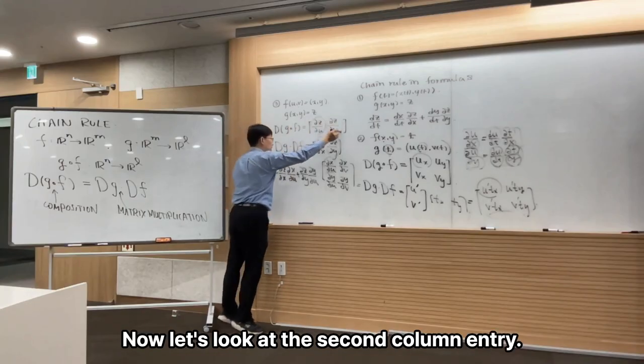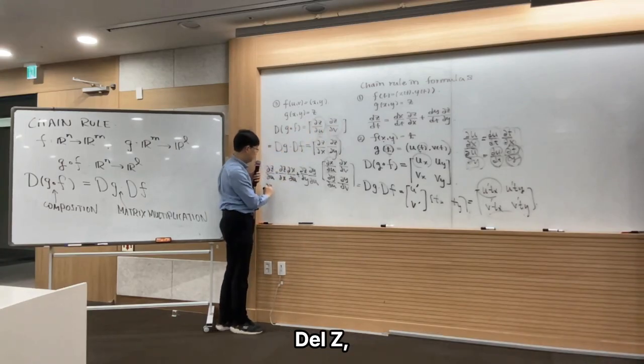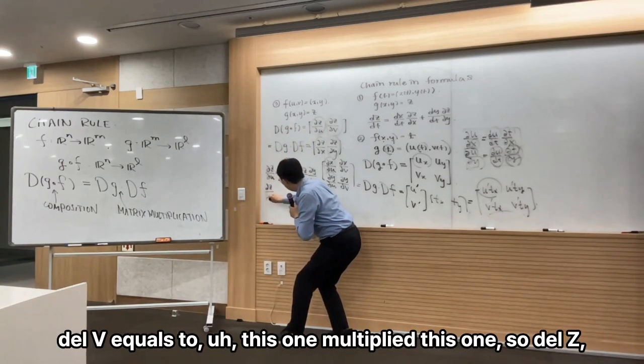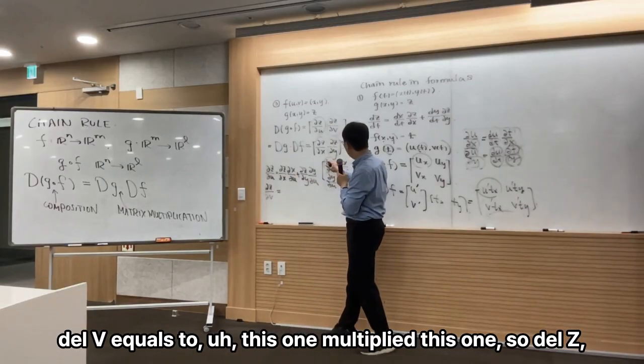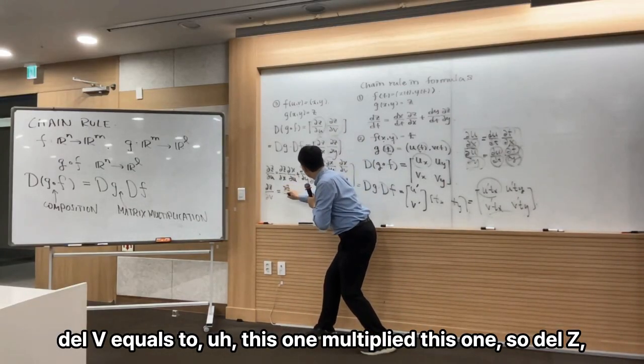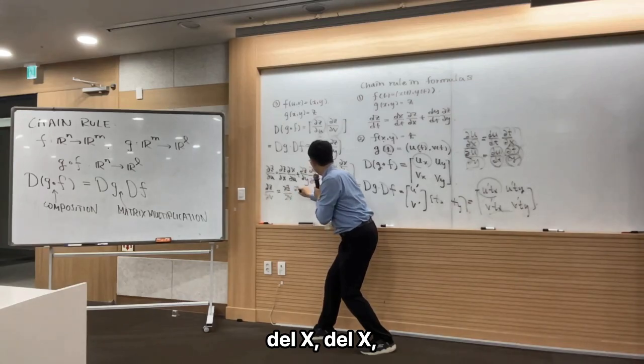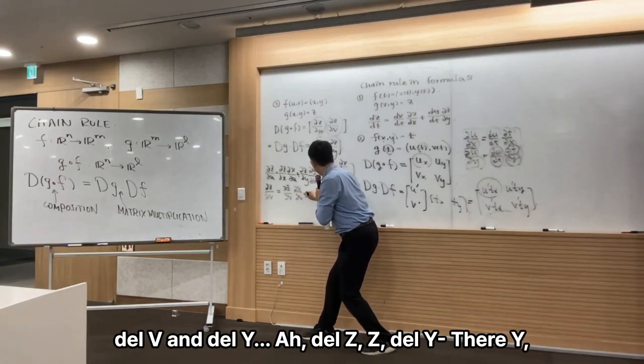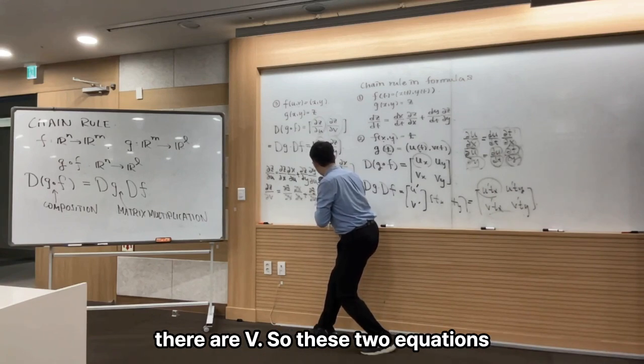Now let's look at the second column entry. Del z del v equals this one multiplied by this one. So del z del x, del x del v, and del z del y, del y del v.